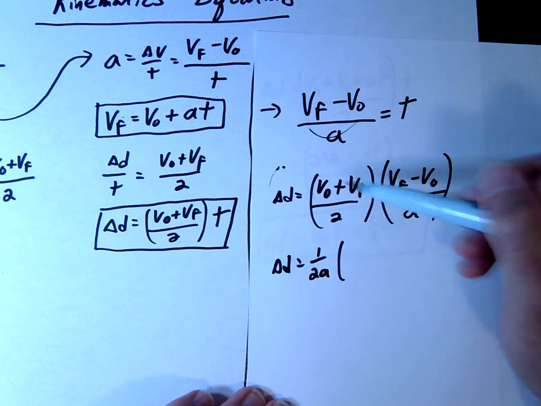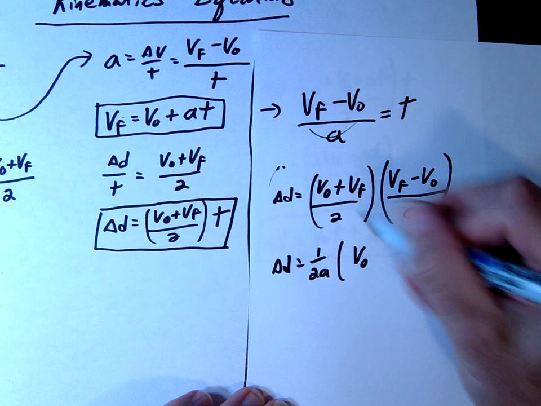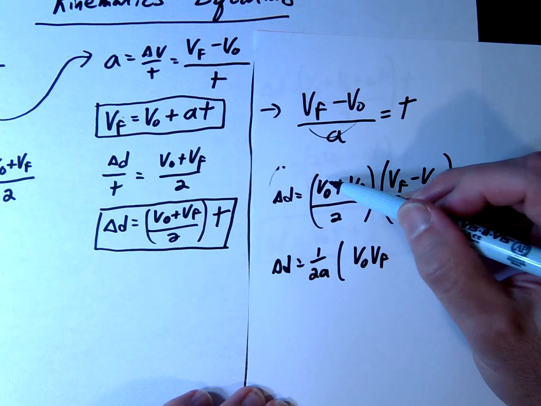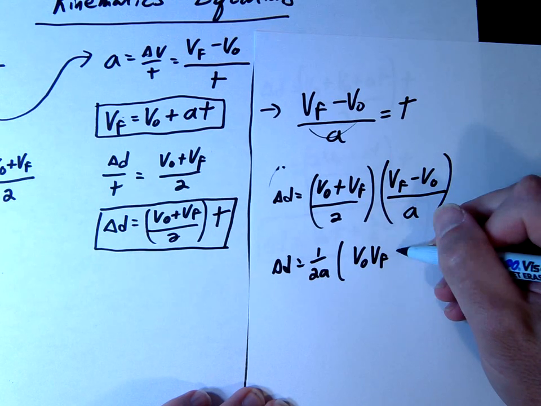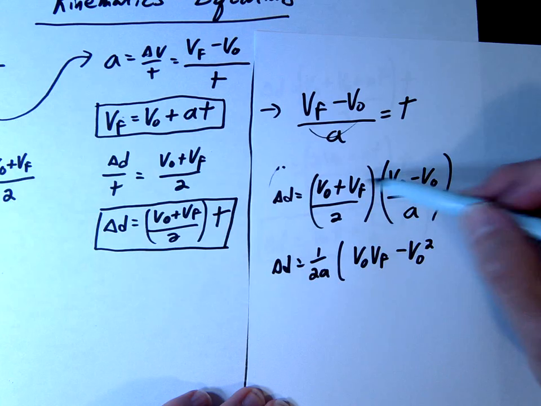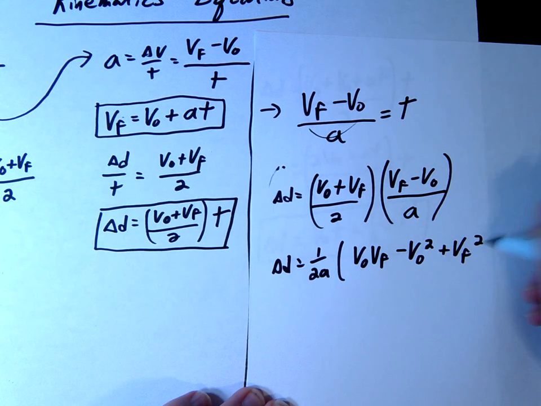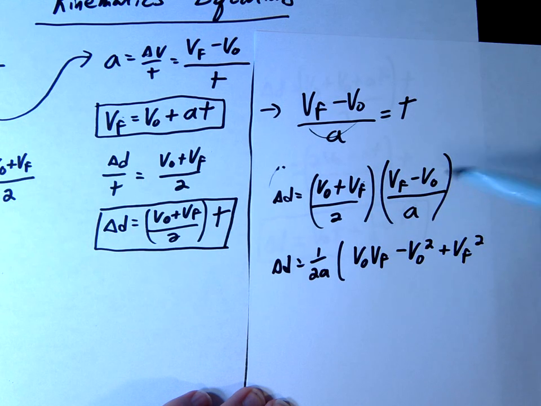We're going to use that here. So vo times vf, that's our first. Outside is vo times negative vo, so we get negative vo squared. Inside is vf times vf, so plus vf squared. And last is vf times negative vo, so negative vo vf.